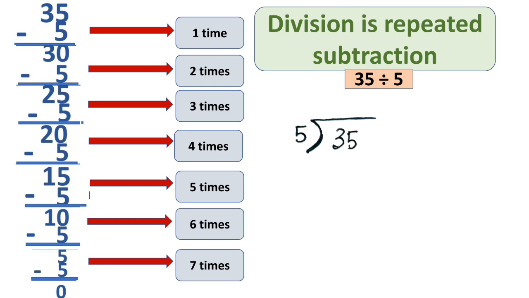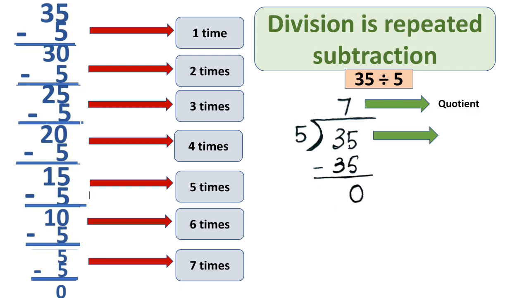So we'll multiply it 7 times. 35 minus 35, 0. Now 7 is quotient, 35 is dividend, 5 is divisor and 0 is remainder.